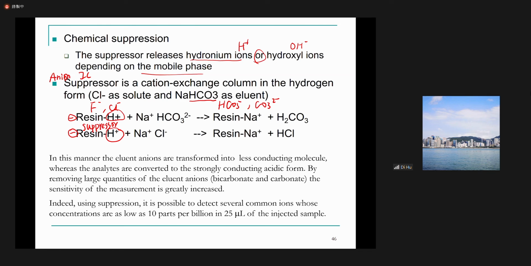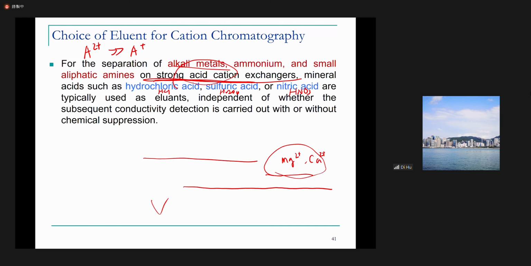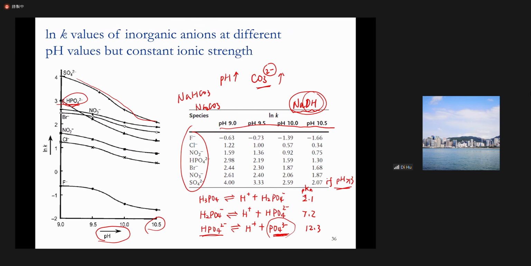When your mobile phase and analyte pass through the suppressor, do you remember this affinity order?